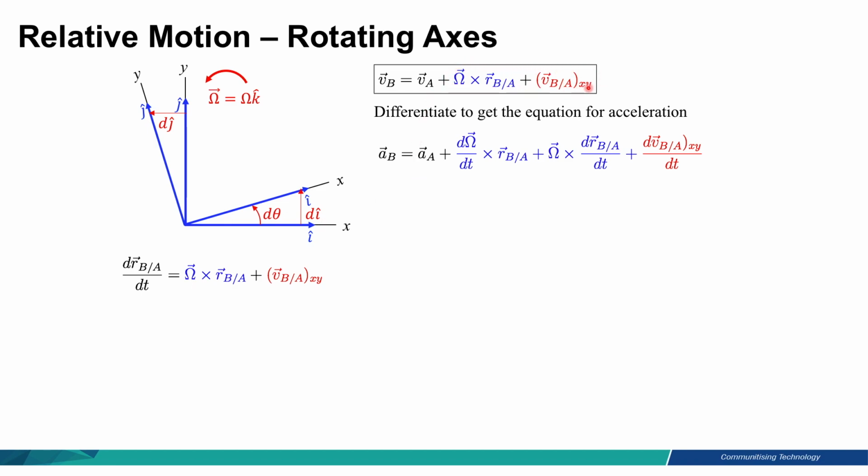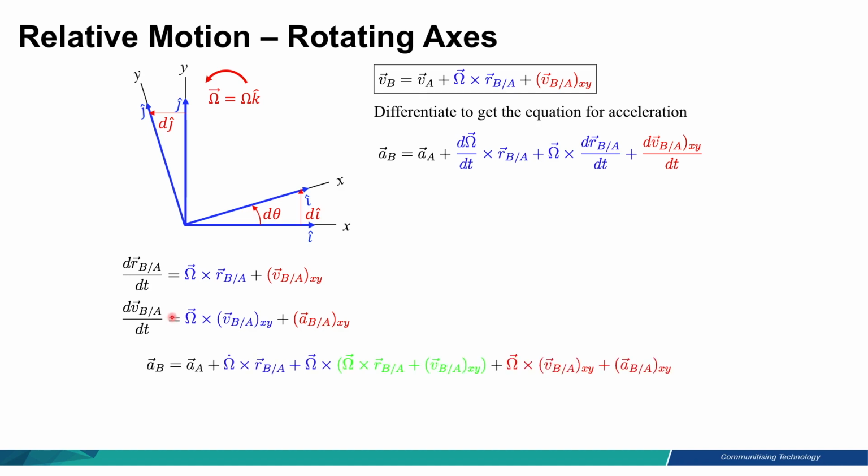We take this part. So drb/a is also equal to vb/a, which is also equal to capital omega cross rb/a plus vb/a xy. And dvb/a dt, this part here, is then capital omega cross vb/a xy plus ab/a xy.